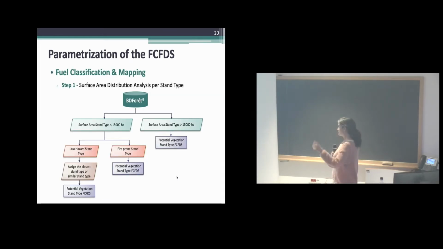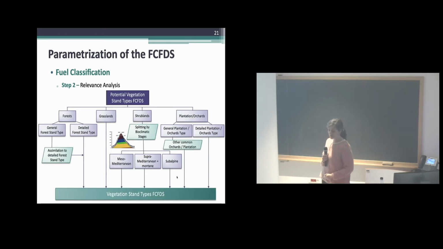Before just taking all these types, we performed a surface area distribution analysis to see if there were types that were not significant. We set a threshold value of surface area, and if the surface area of a certain type of stand was less than this threshold, we looked at the fire risk associated with this stand type, and then decided to keep it or to merge it with something closer, to reduce a little bit the number of stand types.